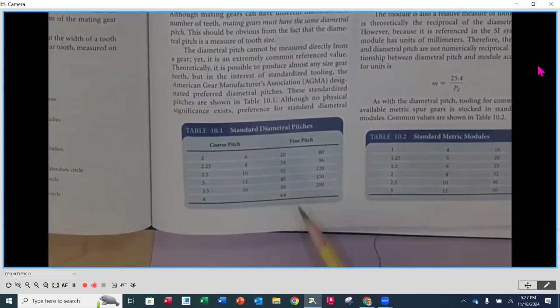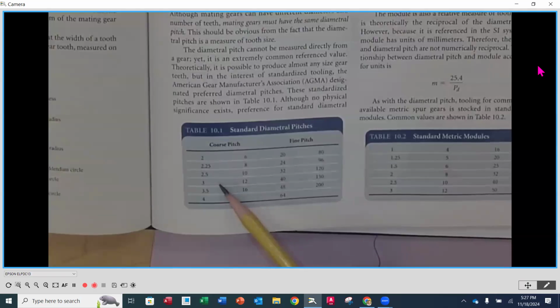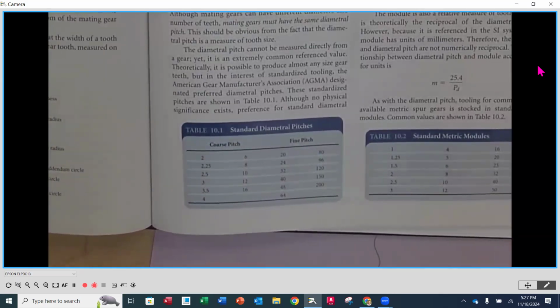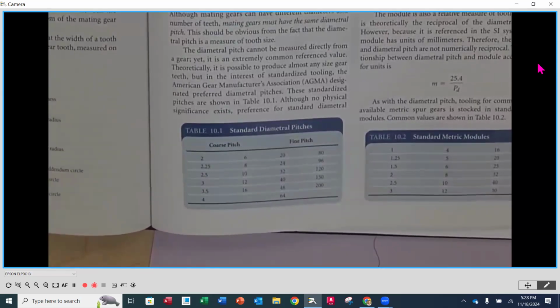We go 2, 3, 4, we don't have a 5, we don't have a 7, we don't have a 9. Those are the standard diametral pitches. Again, their units are left off because that's how we specify it. We usually say it's a number 5 gear, a number 10 gear, but it's diametral pitch. It's just the way that it's specified.